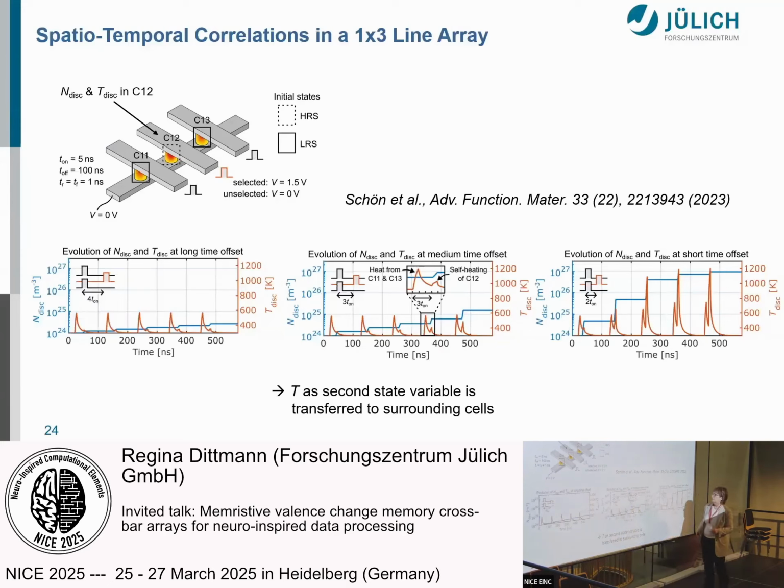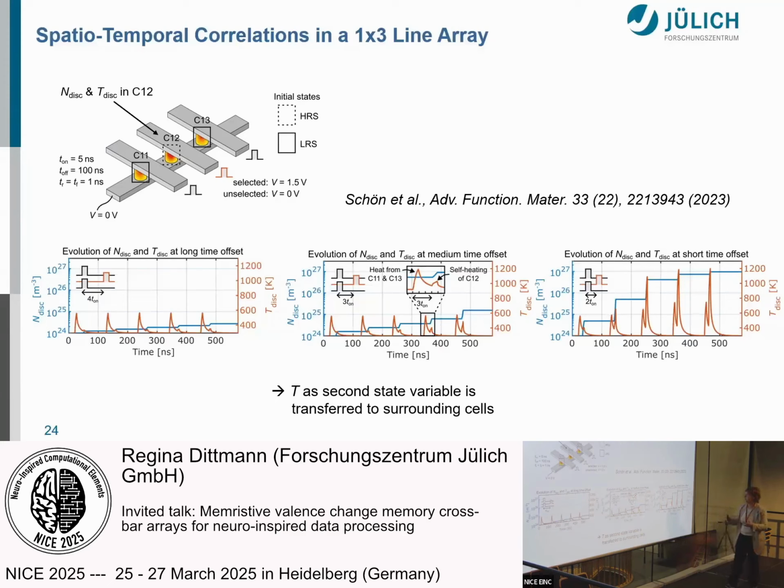And here the small peak coming afterwards comes from the selection and the pulse which is put on the memristor itself. So if you move closer in time, you see that there's a considerable overlap of the pulse coming from the surrounding and from the self-heating in the memristor. And here, as a result, if you are very short in time, the accumulation effect plays a very prominent role.